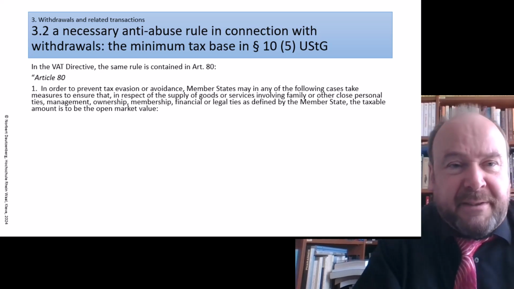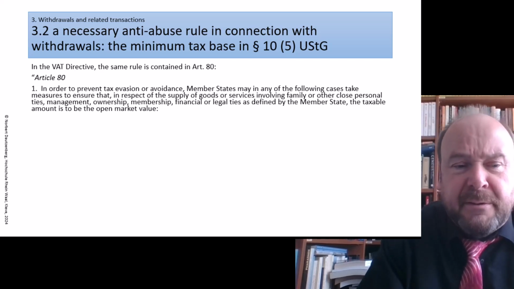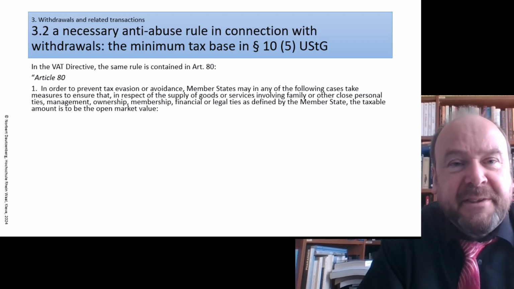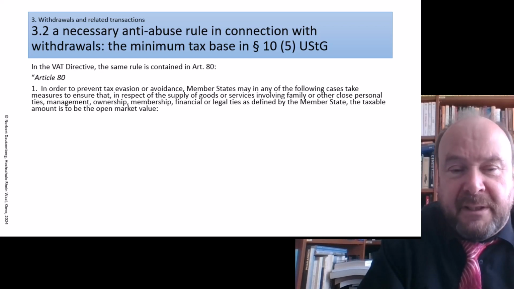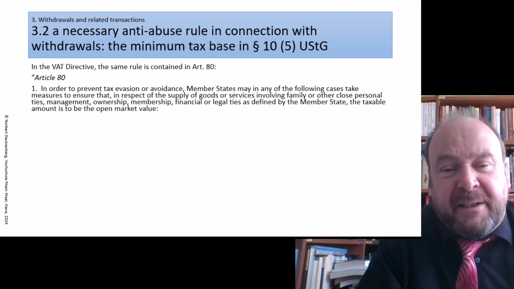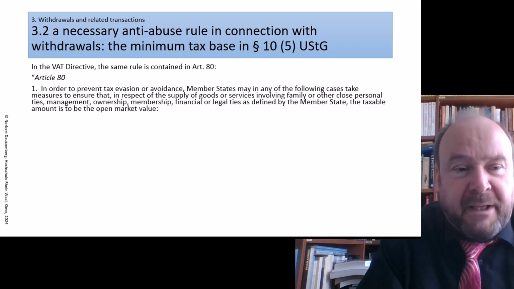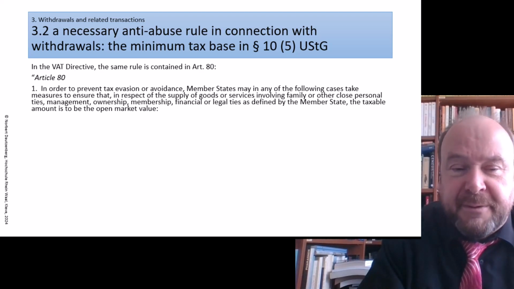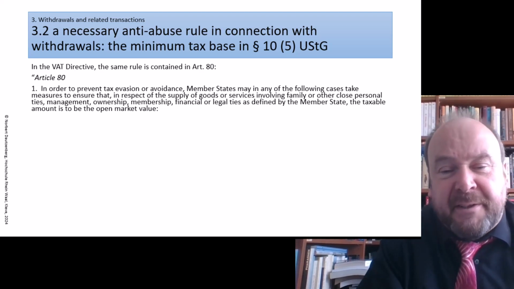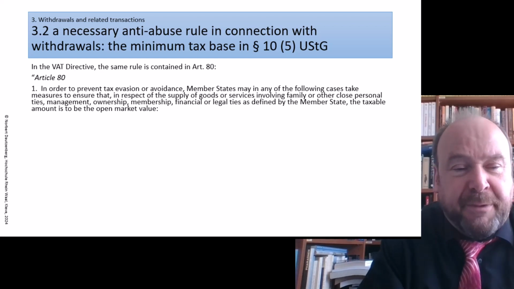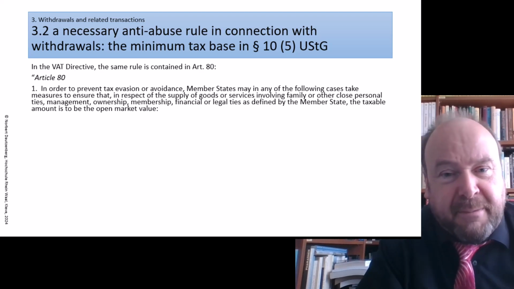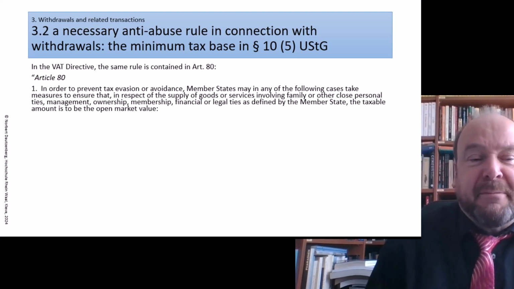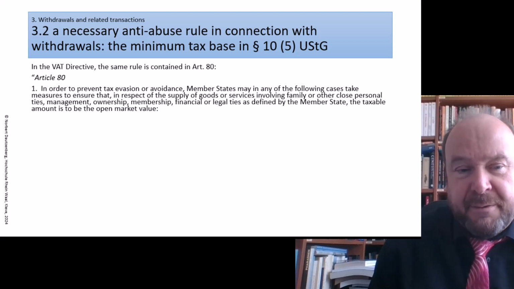In order to prevent tax evasion or avoidance, you remember tax evasion is illegal, avoidance is legal loopholes, the member states may, which means they don't have to, but they can, in any of the following cases take measures to make sure that in respect of the supply of goods or services involving family or other closely related personal ties, management, ownership, membership, financial or legal ties as defined by these member states, the taxable amount is then to be the open market value.